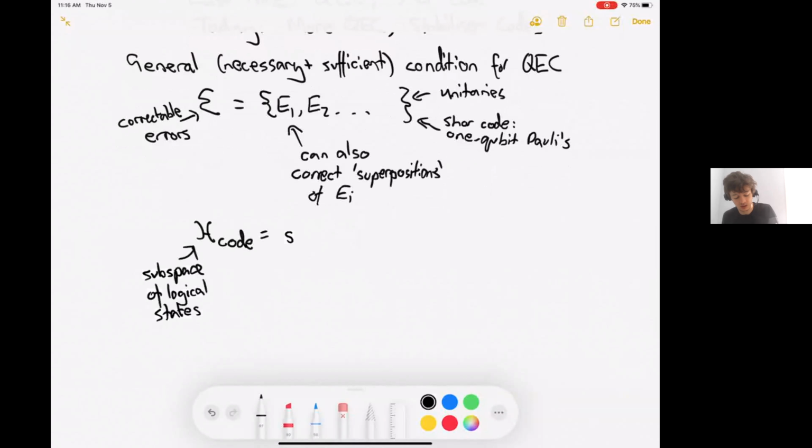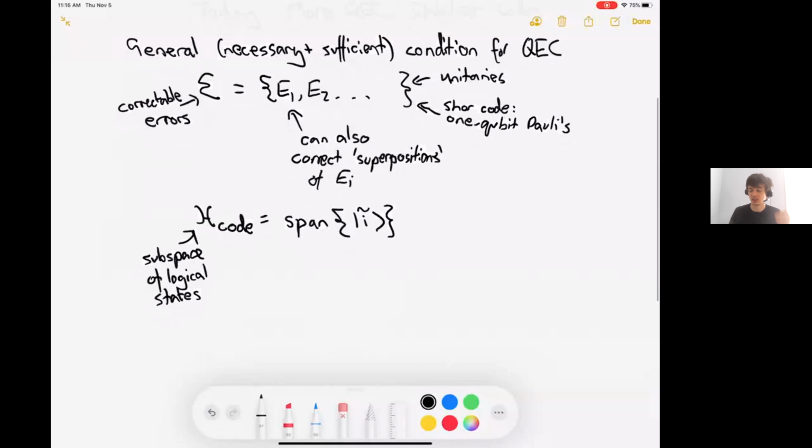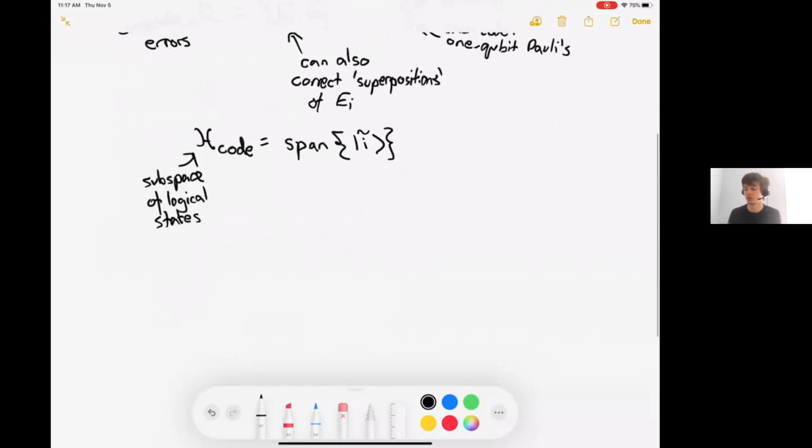And we're going to assume that it has some orthonormal basis given by the states |ĩ⟩. It's an orthonormal basis just for this subspace, not for the entire physical Hilbert space of 9 qubits or whatever.